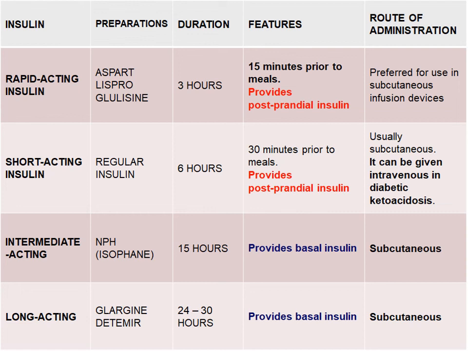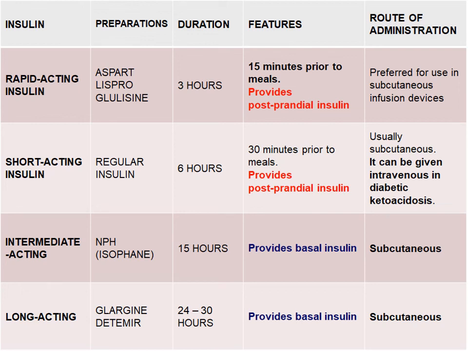Intermediate-acting NPH: duration of action is about 15 hours, provides basal insulin, given subcutaneously. Long-acting, as we said, glargine, detemir: duration of action is about 24 to 30 hours, provides basal insulin and given subcutaneously.